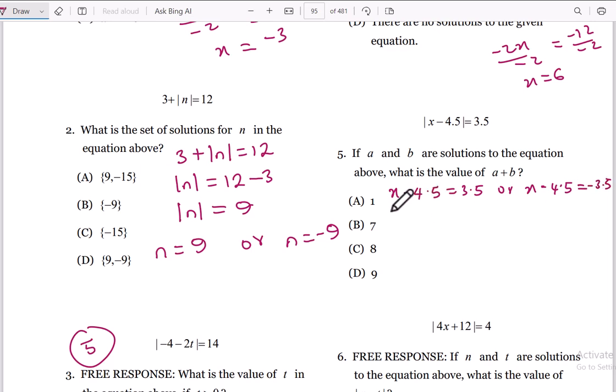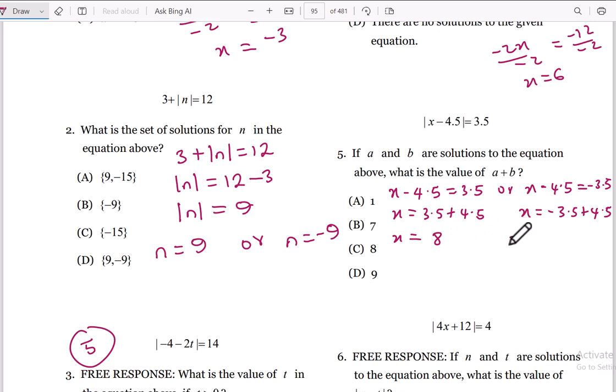So here x is equal to 3.5 plus 4.5, and here x is equal to minus 3.5 plus 4.5. 3.5 plus 4.5 is 8, because 3 plus 4 is 7, then half plus half is 1, so that's 8.